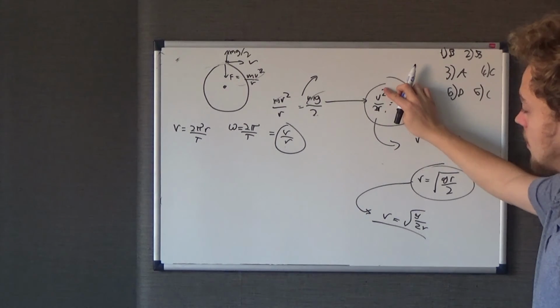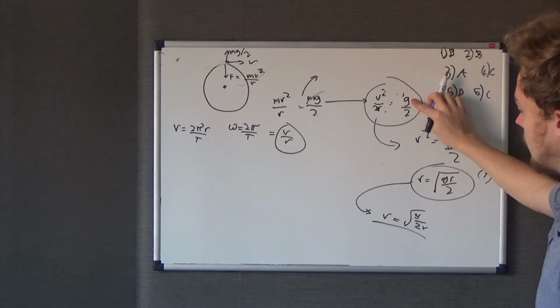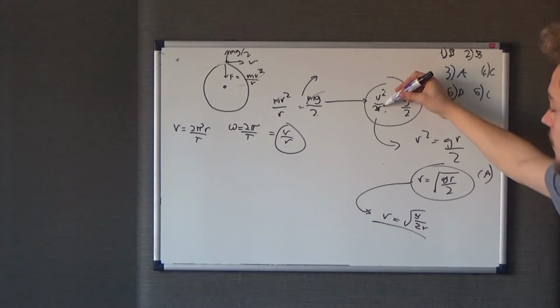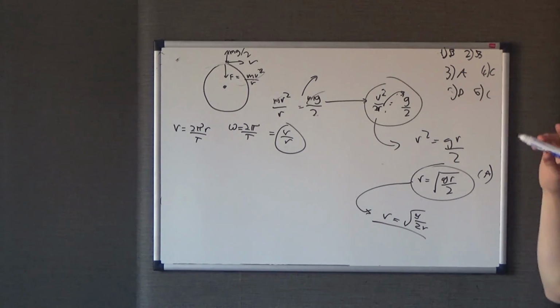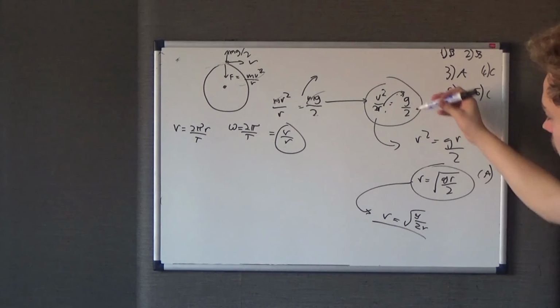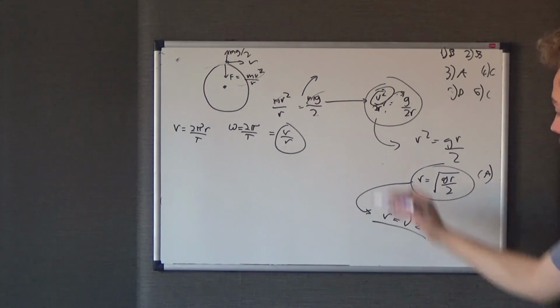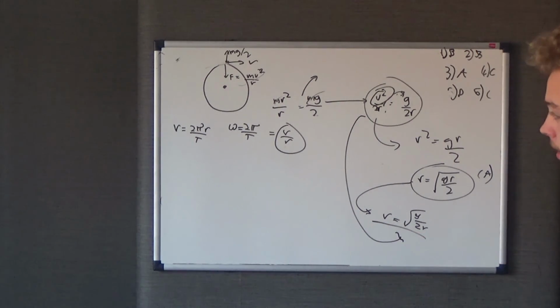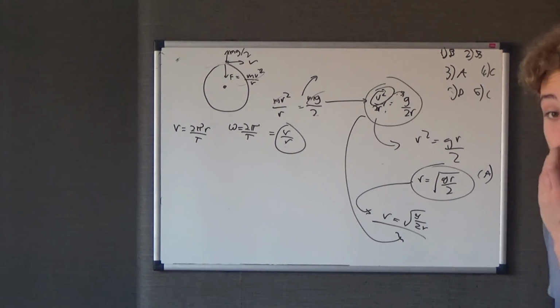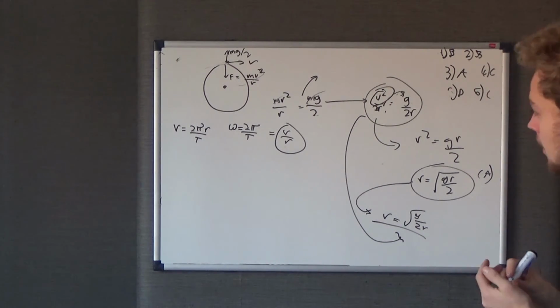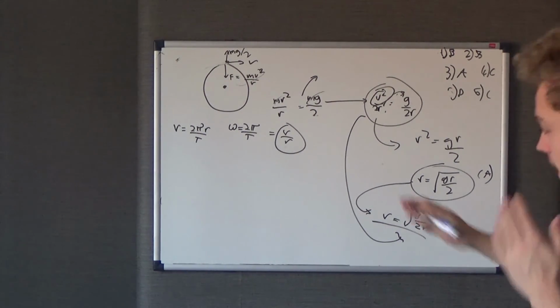And then you times that across, you get the 2r over here, and that turns into the angular speed, and we get to this point. So hopefully that makes sense to you. If it doesn't, please do let me know in the comments, and I'll have another go at that. Sorry about that, but you can see how easy it is.